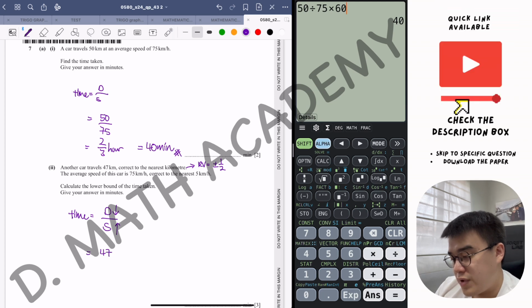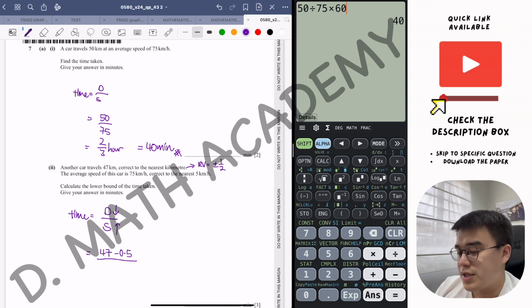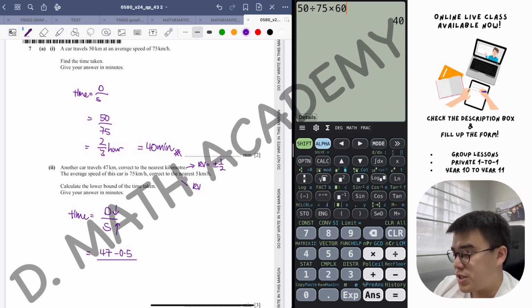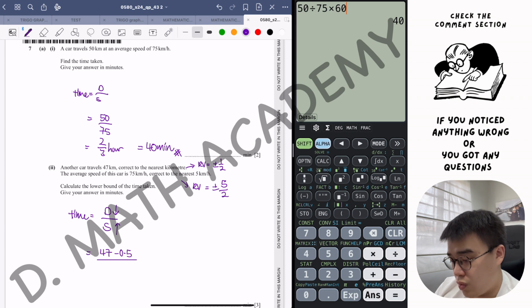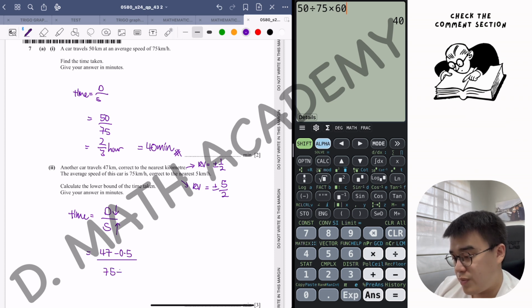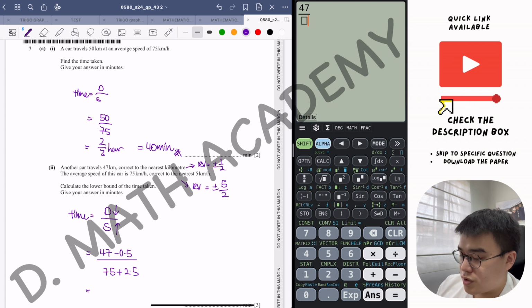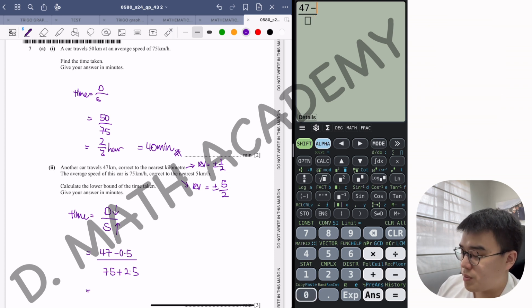So the 47, to make it smaller, I need to minus. And for the speed, I need to make it higher. But since they gave us an exact value, the value will be divided by 2. So 75 plus 2.5. Okay, calculate it out. You should get your answer accordingly from there.